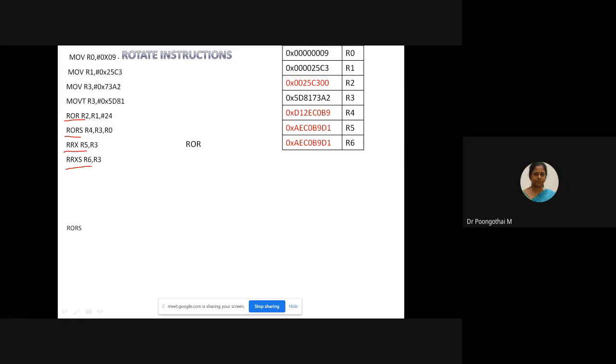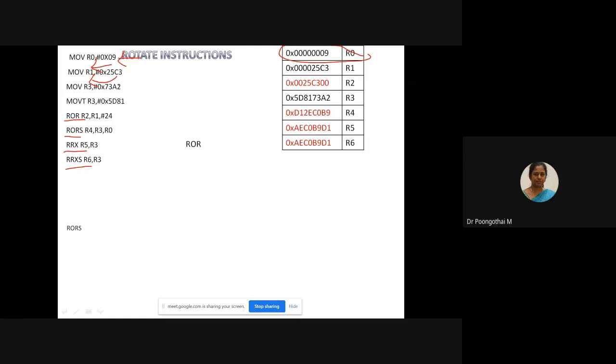According to the first instruction, 09 is transferred to R0. Look at this table, your R0 holds 09. After that, I am moving this 16-bit word into the R1 register. This instruction moves a 16-bit hex value to the lower half word of R1.